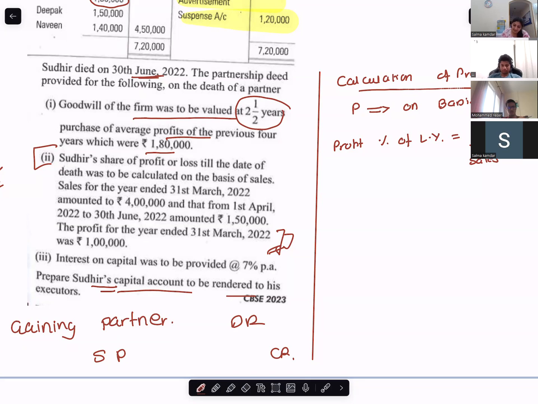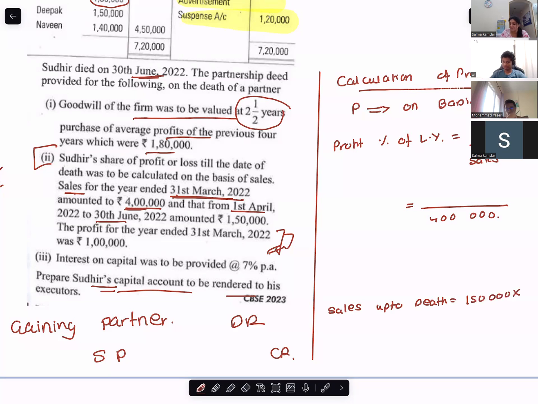So what is the profit of last year? Sales for the year ended 31st March is 400,000. Profit will be 100,000. And from 1st April to 30th June, sales up to death is 150,000.